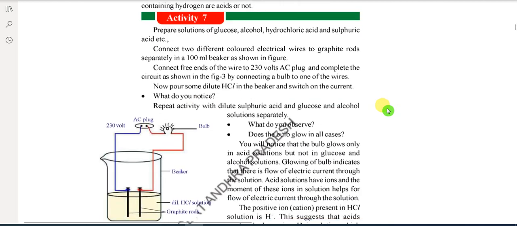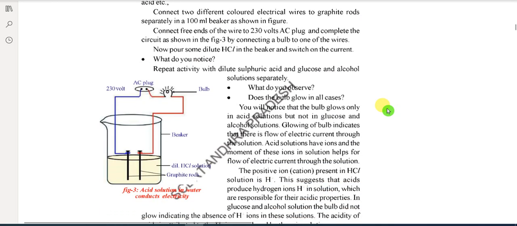Next, yes, it is a very, very important question. But already I told in many videos, this is the main part. Here the solution is important. Which solution is given? Here, HCl, acid solution. In acid solution, the bulb glows.